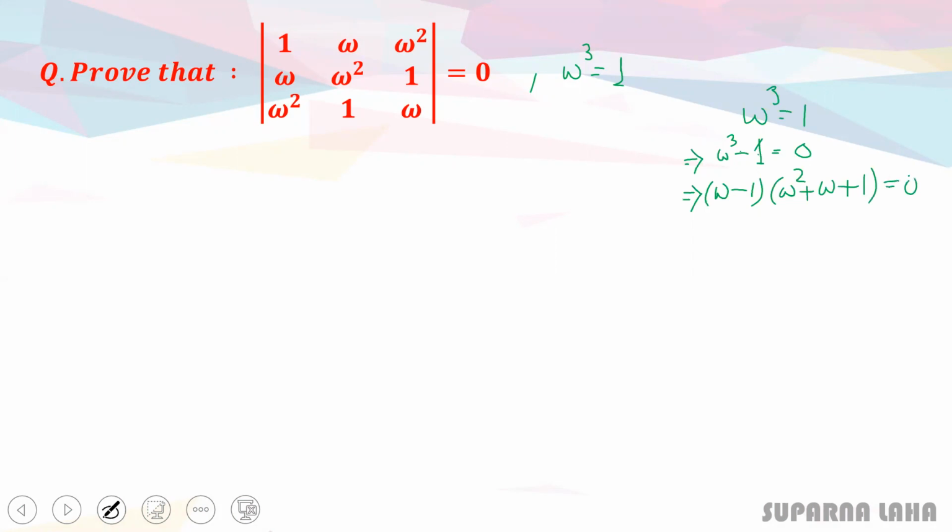From here you can easily say that either omega is equal to 1 or omega square plus omega plus 1 is equal to 0.